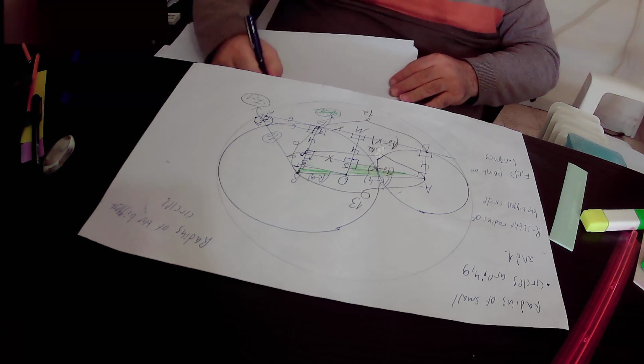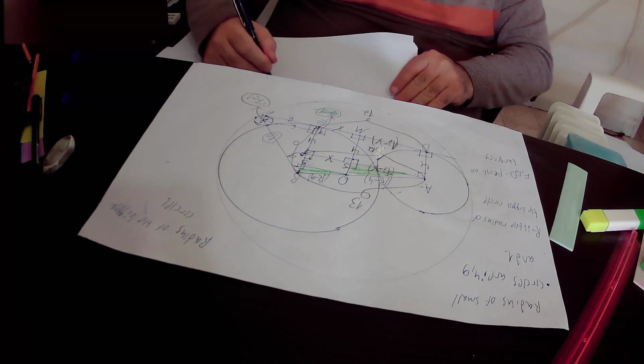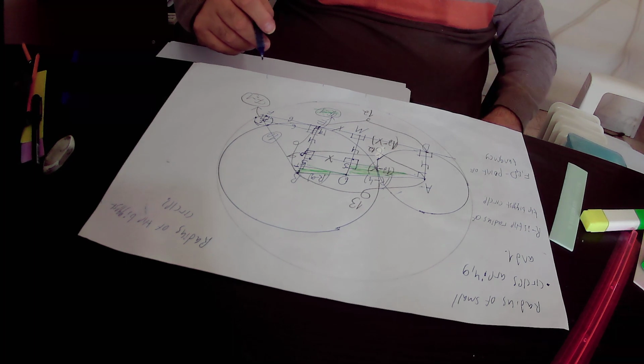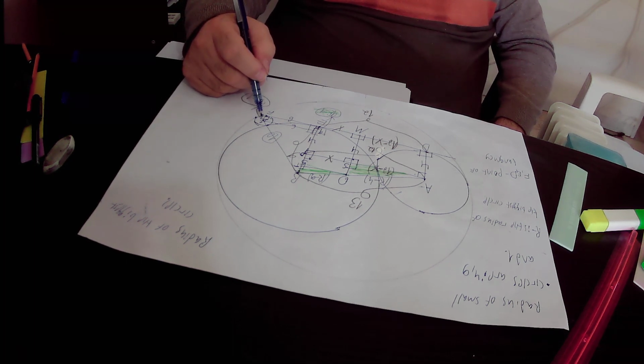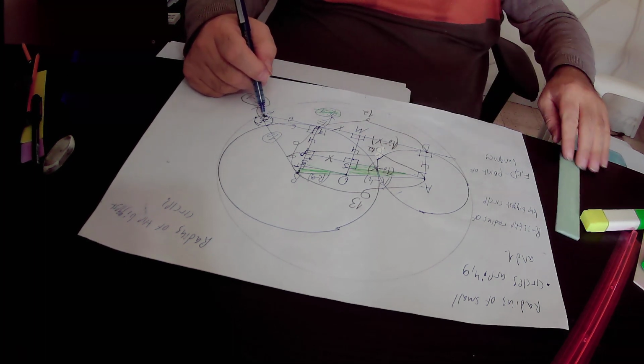In the next step, we will draw a perpendicular from point C to OM.